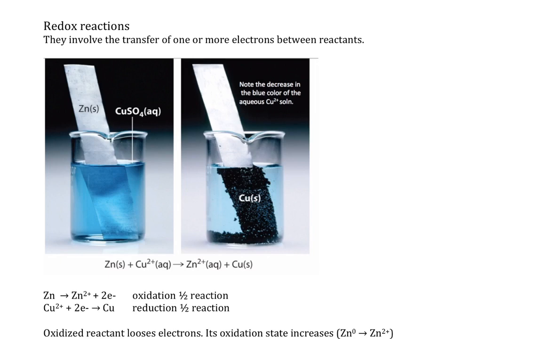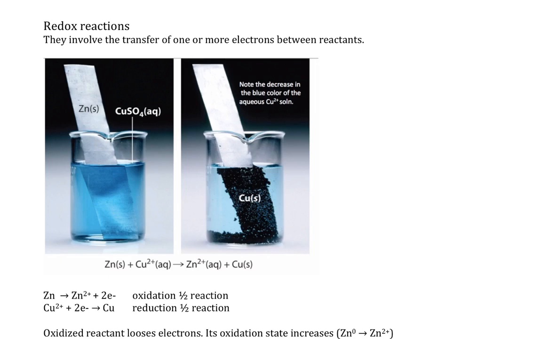Well, it turns out the reaction that is occurring is zinc solid plus copper 2+ aqueous, yielding zinc 2+ aqueous plus copper solid. That would be the net ionic reaction.